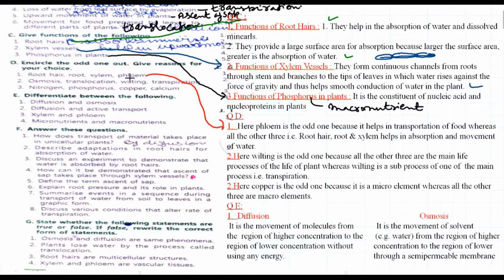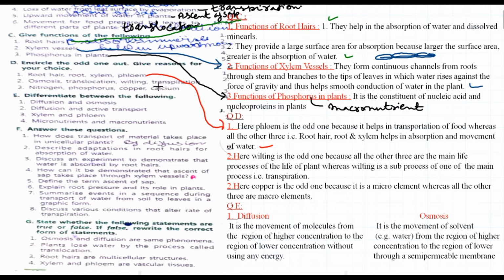Here phloem is the odd one because it helps in the transportation of food, whereas the other three, root hair, root and xylem, help in absorption and movement of water. This is the main difference among these four.